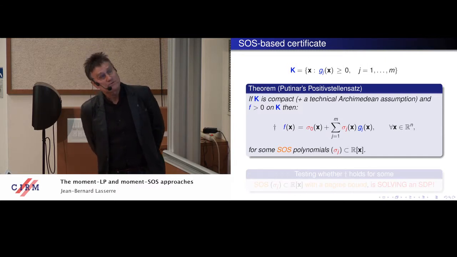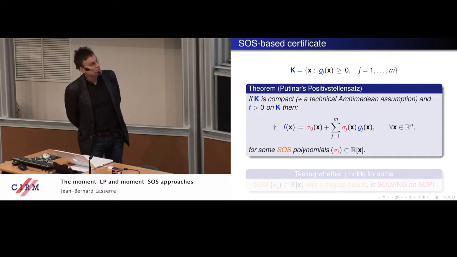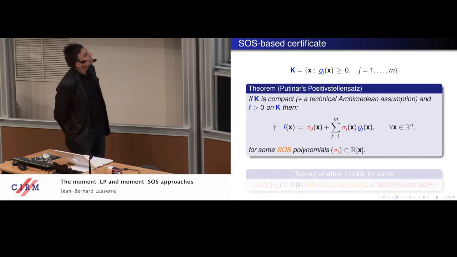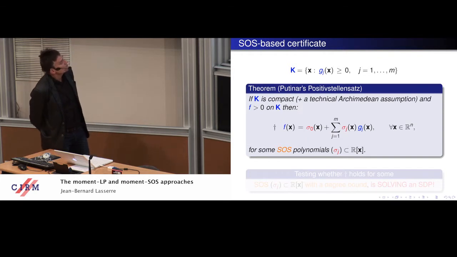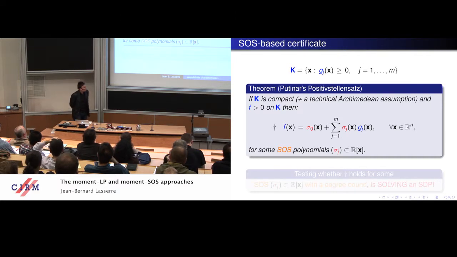It's called Putinar's Positivstellensatz. I'm guessing that in a few years it will be a standard result. It says the following thing, which is relatively easy. So you have a compact set K, which is a basic semi-algebraic set, meaning that you have a set defined by finitely many inequalities defined by polynomials. This is the set K above. Plus a technical assumption, which is called the Archimedean assumption.